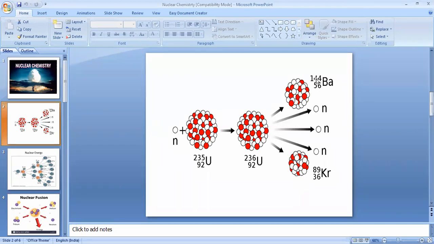Here sometimes the masses are shown as 144 and 89, but in most books it is given as 56 141 and 36 92, and these are known as the secondary neutrons which propagate the reaction.